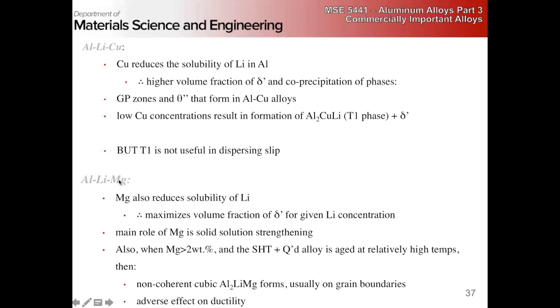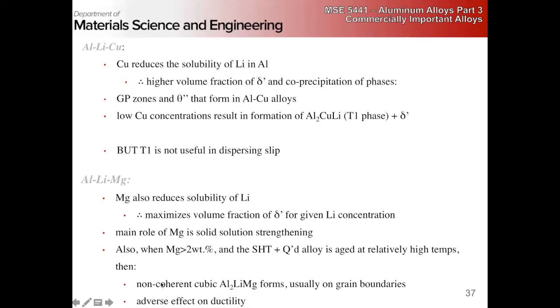Aluminum, lithium, magnesium. Magnesium also reduces the solubility of lithium. Right, so we get a maximum volume fraction of delta prime for a given lithium concentration. The main role of magnesium, though, is going to be solid solution strengthening. Right? If the magnesium gets above 2%, though, we can form these aluminum 2 lithium magnesium.